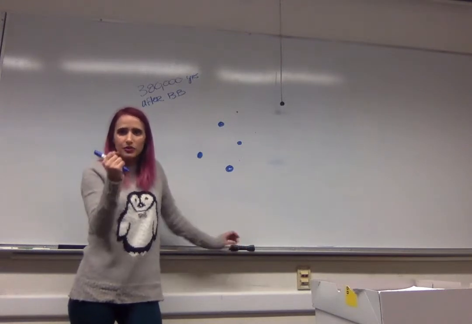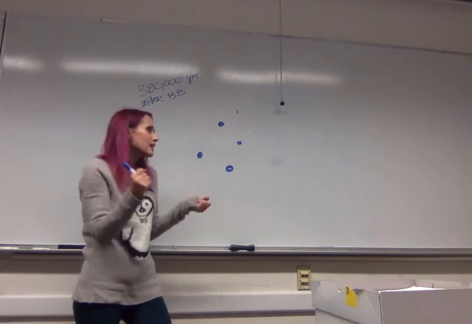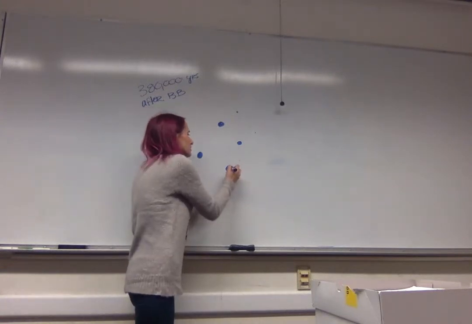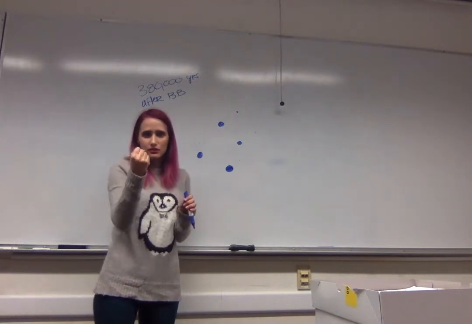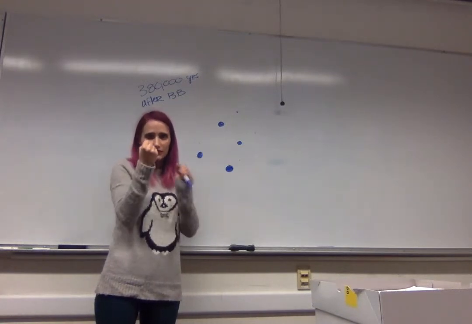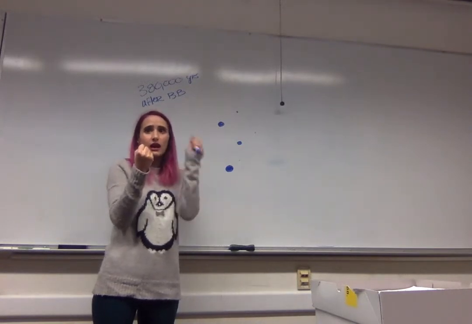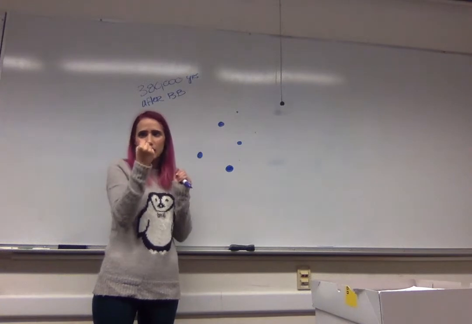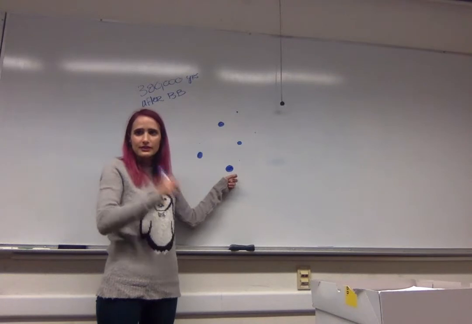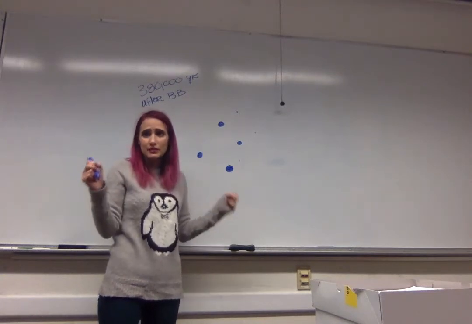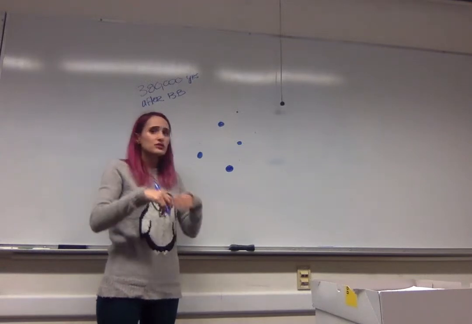Oftentimes the electron doesn't really matter. What makes it hydrogen is that one proton. That hydrogen nucleus is what defines it as hydrogen. It can have electrons, and that makes it an ion, but what makes it hydrogen is that one proton. So sometimes when I talk about a single proton, or I say hydrogen, they kind of mean the same thing. When we say that the universe was mostly hydrogen, that's kind of the same as saying it was mostly just a bunch of protons.